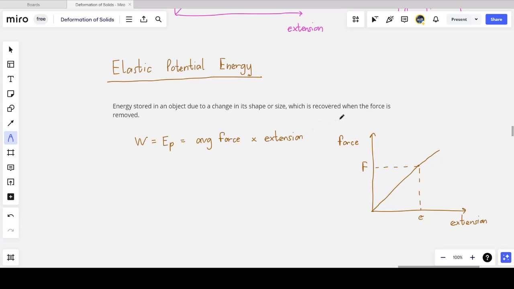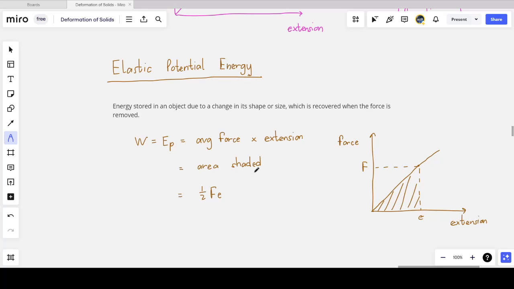forces. And if I were to shade this area, that average force multiplied by the extension would be the area under the graph. So the area that is shaded, the area under the graph from 0 to the extension. And so what this is, since this is a triangle, is a half Fe, which kind of makes sense.